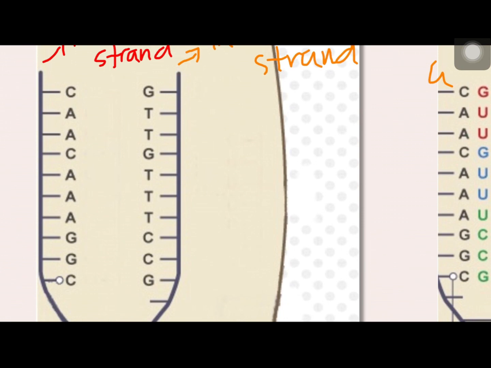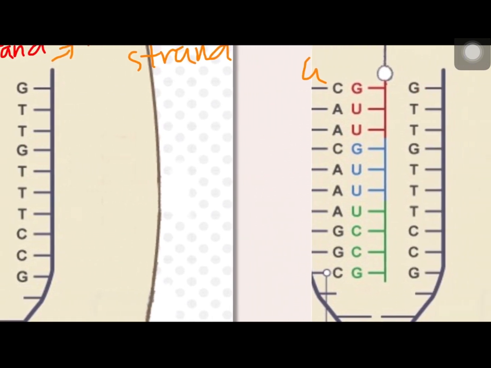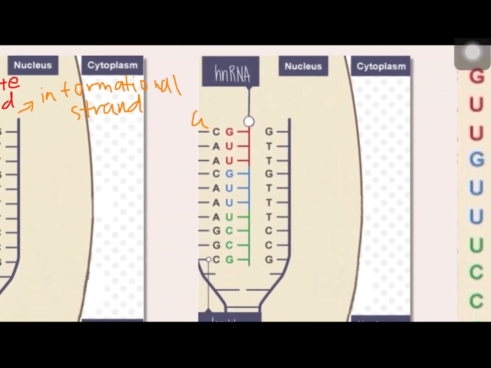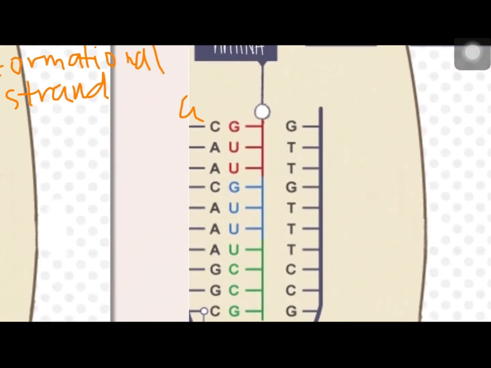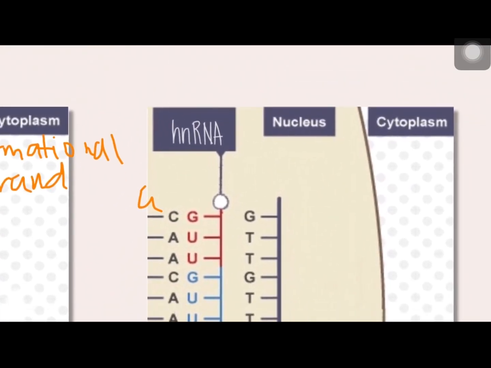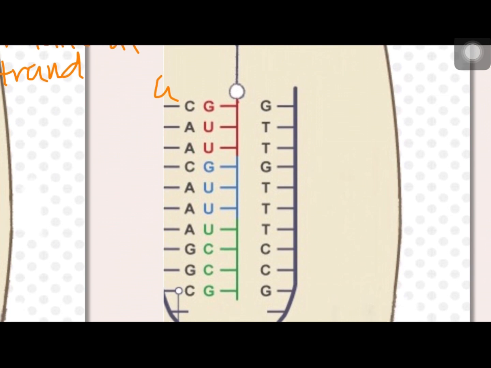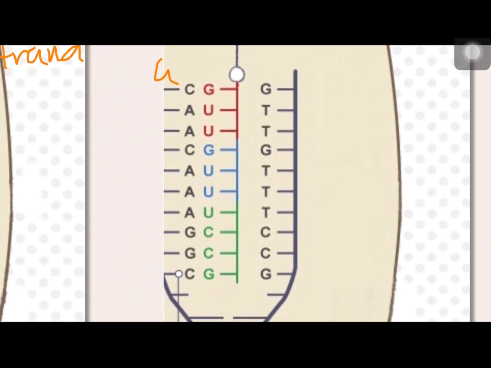So as I have said earlier, these bases have their corresponding partner. So we should pair them correctly. Like this one right here. This one, the colored ones, is our newly formed hnRNA strand. Cytosine is paired with guanine.